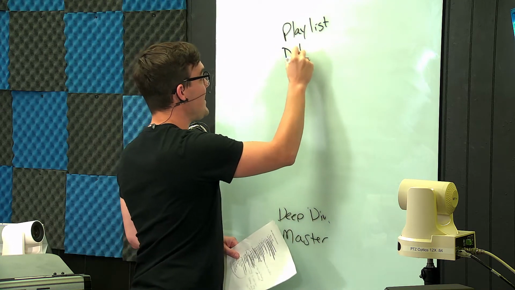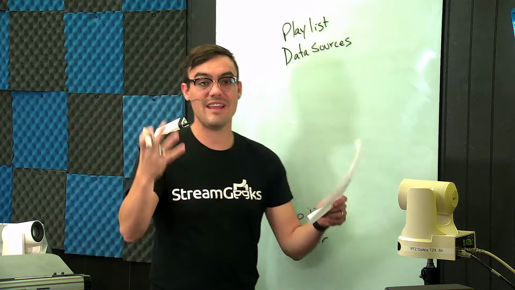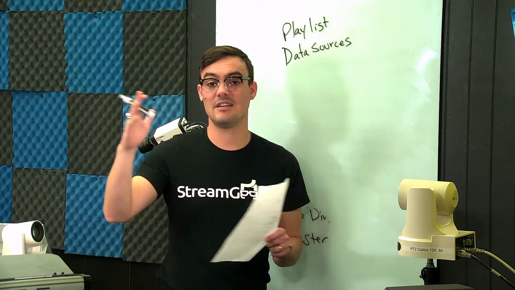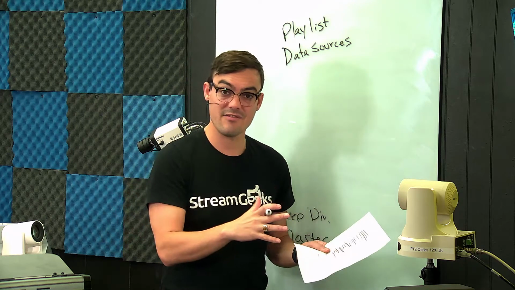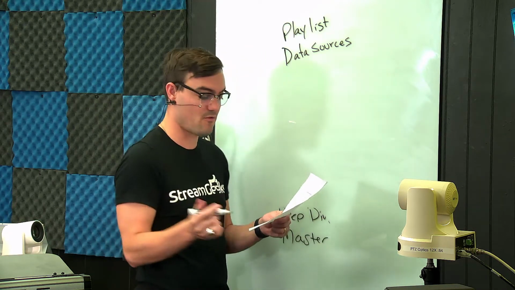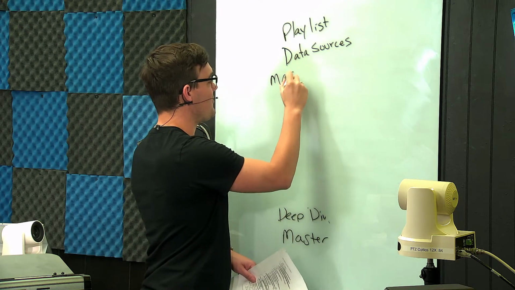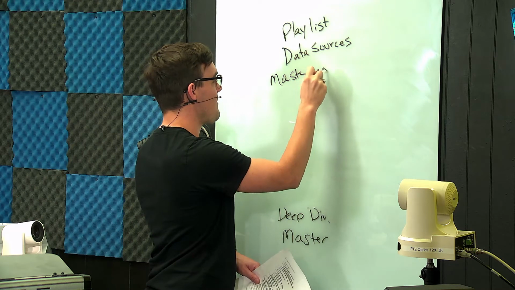We'll look at data sources, and data sources are an awesome way to bring in data from the internet, whether it's an XML file or an RSS feed, bring it into vMix and then populate your sources with information from around the world. Then finally, when we get into the final mastering of vMix, we have 3 topics left.